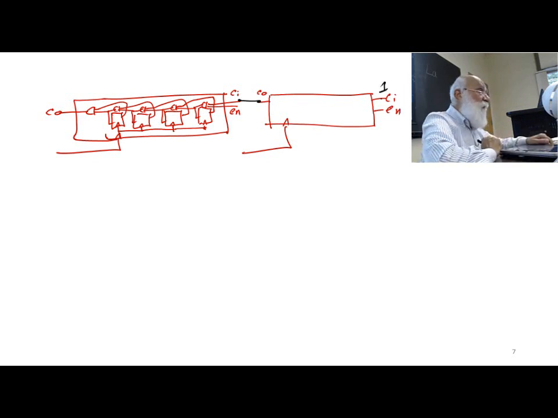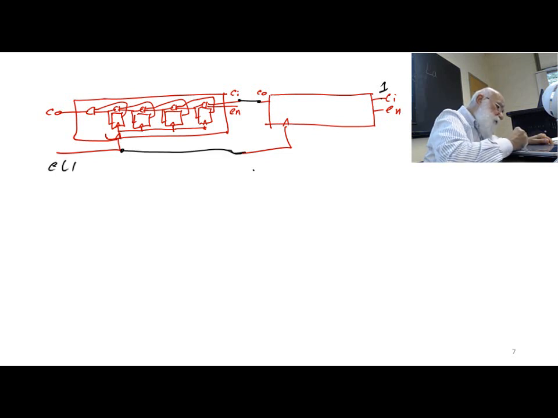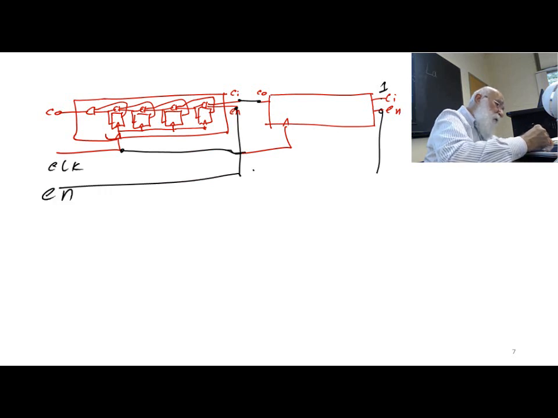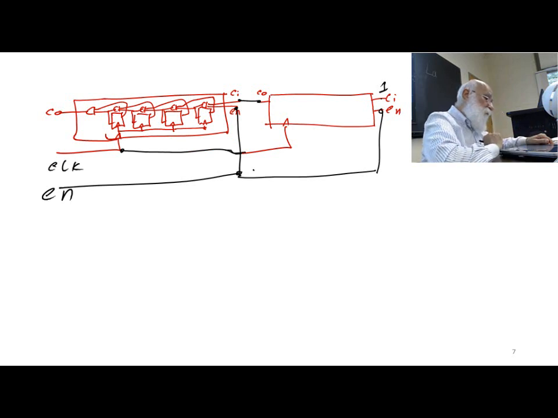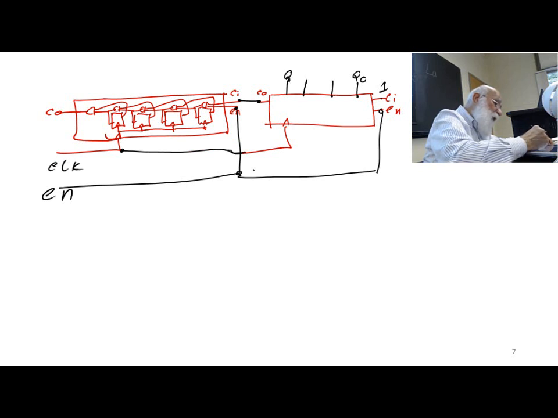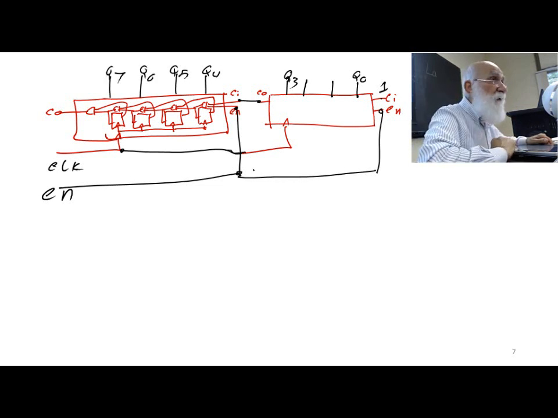Put a 1 on the carry in of the right one. Connect the 2 clocks. And then connect the 2 enables. And then this is your Q0, Q1, Q2, Q3, Q4, Q5, Q6, and Q7.